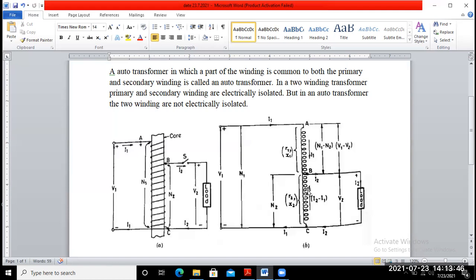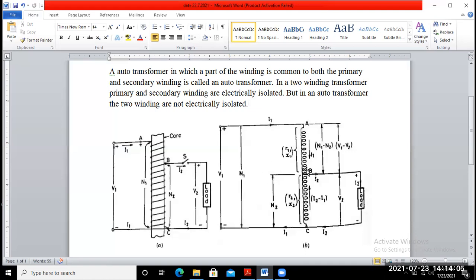This one from B to C is power transfer due to the Faraday law of electromagnetic induction. So, what is your input power?